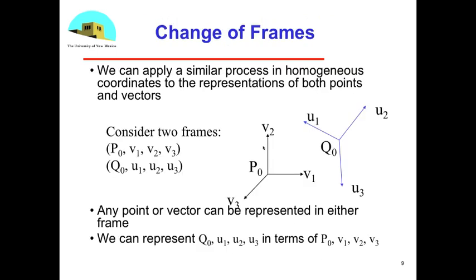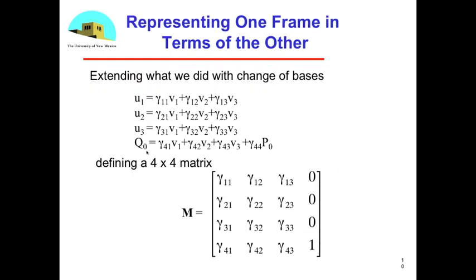Well, there's a vector that carries me from this origin q0 to p0, and that vector has a representation in either basis. I want to go from p0 to q0. There's a vector, and that vector now has 3 coefficients that multiply the basis vectors v1, v2, and v3, and potentially something that multiplies p0.